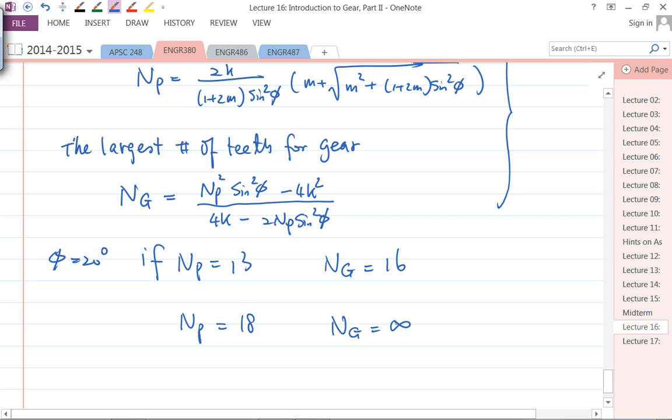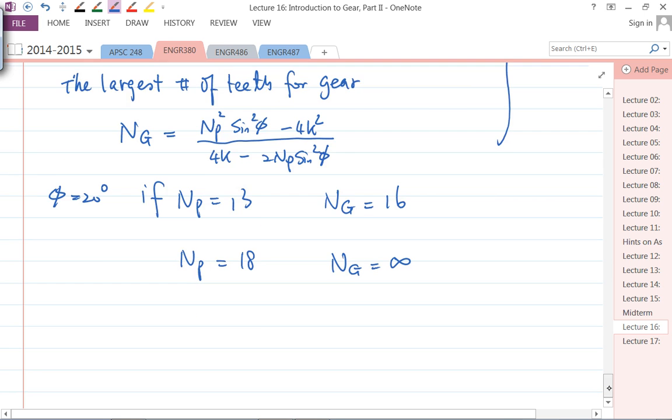That means when the number of teeth on the pinion is 18, you can use a gear with an arbitrary number of teeth to mate it. So the gear ratio is keeping any. So in the lecture notes, there's a table. It's basically a listing of conditions based on the formulas that we just calculated over here.